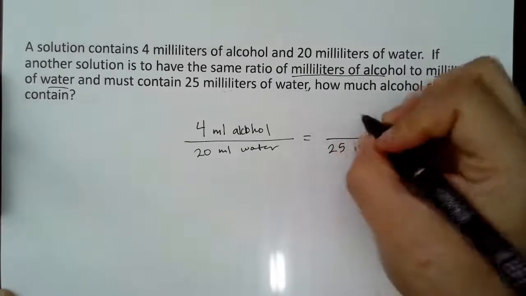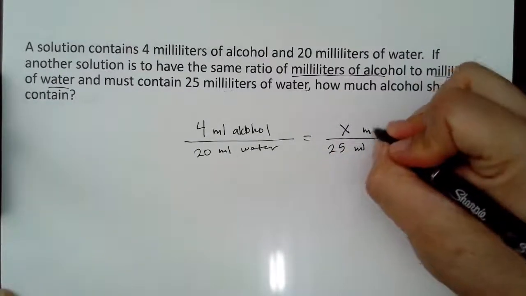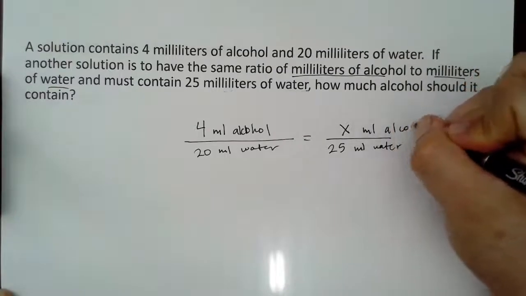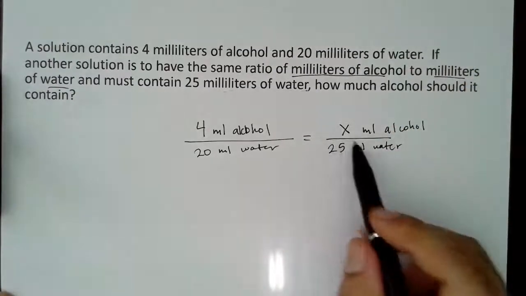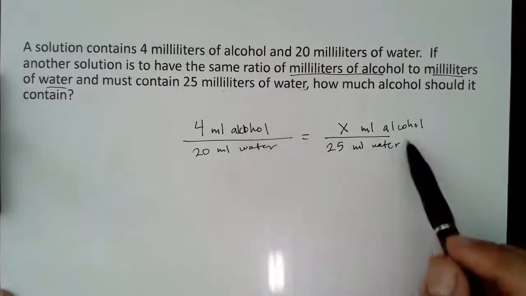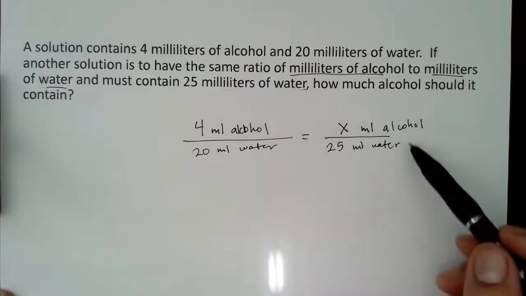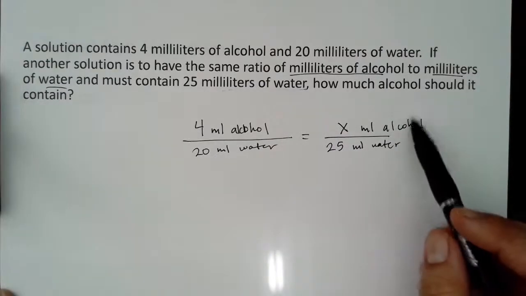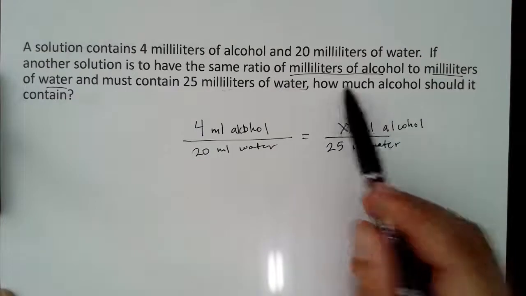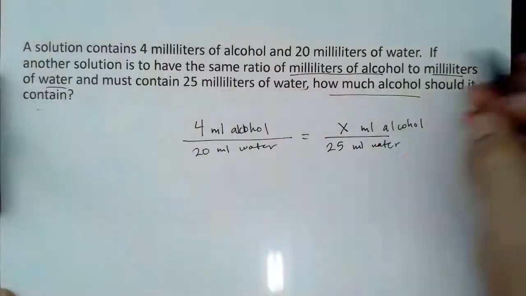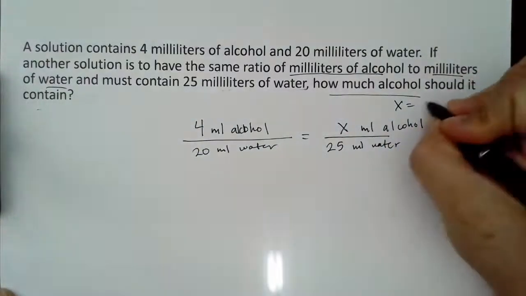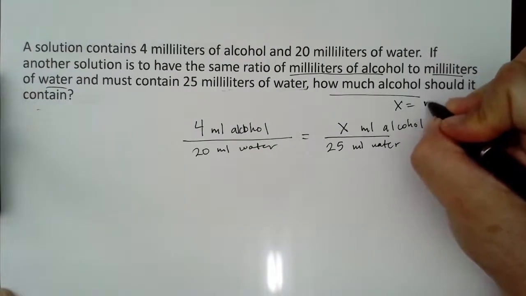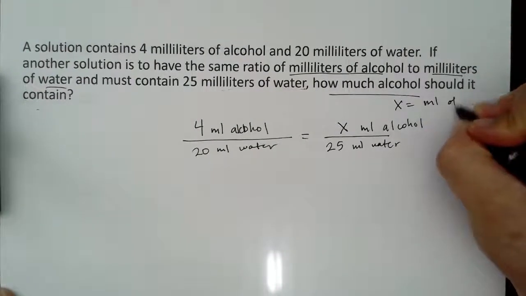How many mils of alcohol should it contain? So that's what that means. So we set up the corresponding ratio, and we make sure we're answering the question. The question says how much alcohol, so x represents amount of alcohol, milliliters of alcohol.